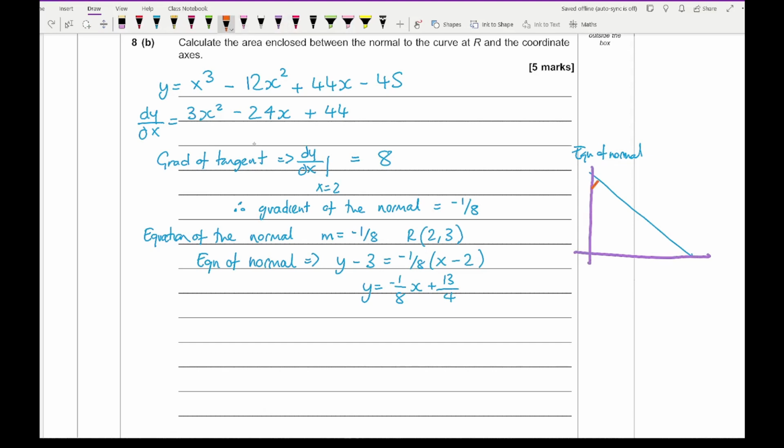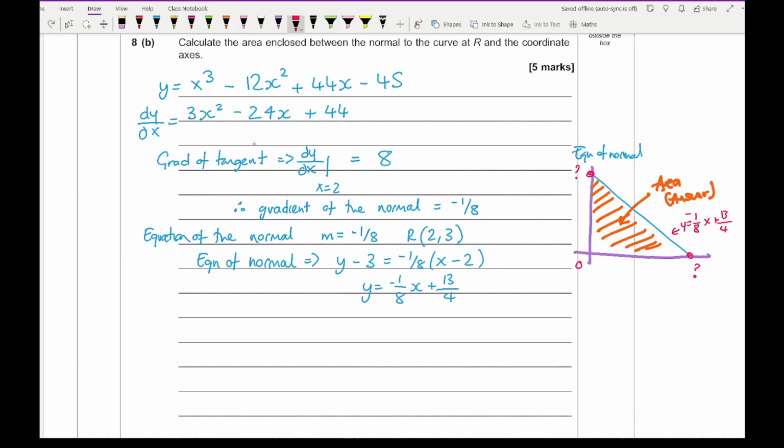So this is the area that I want, or in other words, the answer that I want to find. I know it's going to be a triangle, so I need to work out what this point here is, and what this point here is, so I can then work out the dimensions of that triangle. So using this line, y equals minus 1/8 x plus 13 over 4.